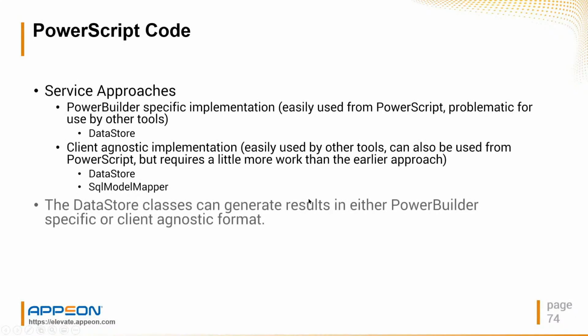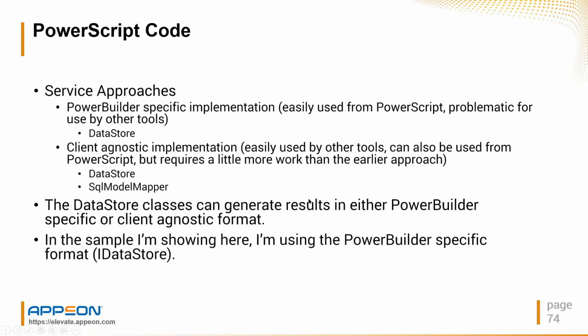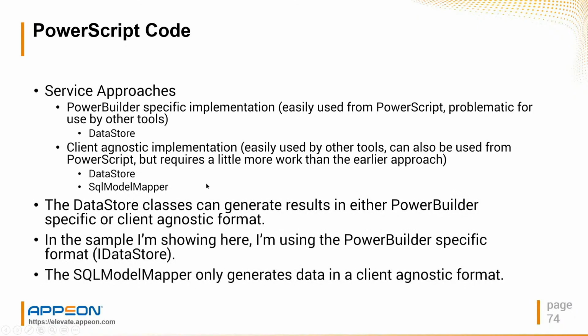This is what I talked about a bit earlier. I kind of jumped ahead of this slide. There's the PowerBuilder specific implementation that uses the data store, and there's a client agnostic implementation that can be done with either the data store or the SQLModelMapper. The main advantage of SQLModelMapper is there's some additional functionality there if you're going the client agnostic approach.